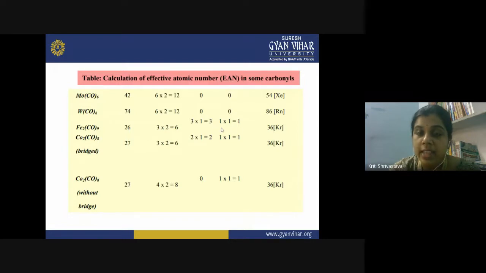So it says that we have only one metal-metal bond in this type of compound, the diiron carbonyl. Only one metal-metal bond is present. So this is the way we can count the number of metal-metal bonds. Similarly, we can count how many terminal and how many bridging ligands are there. So again, this is an application of the effective atomic number rule.